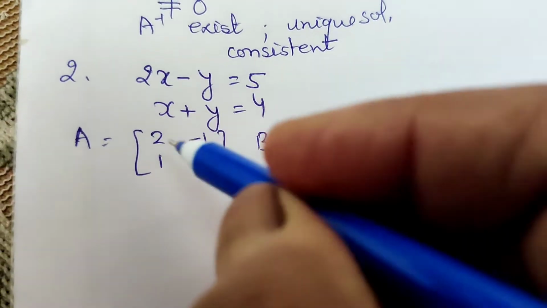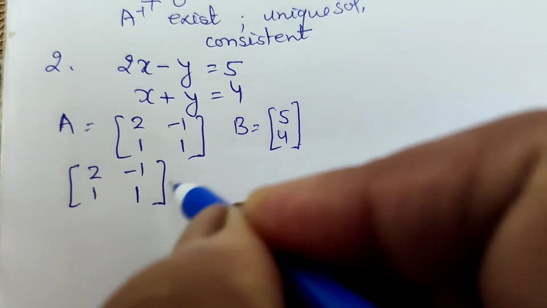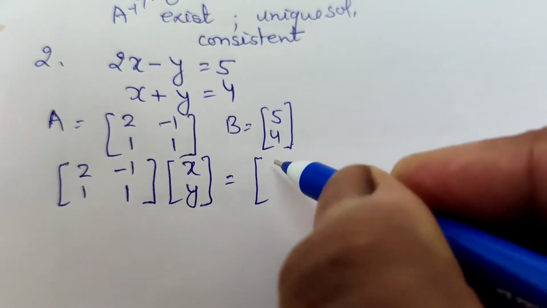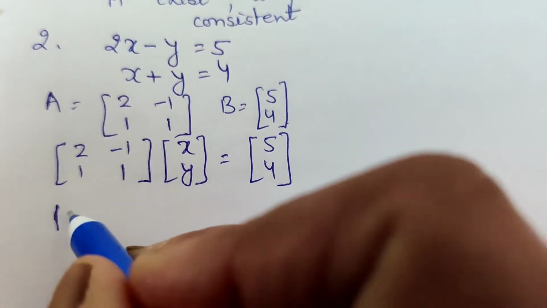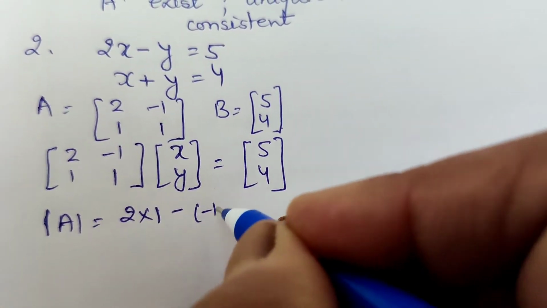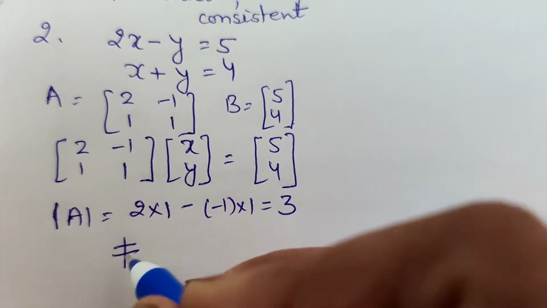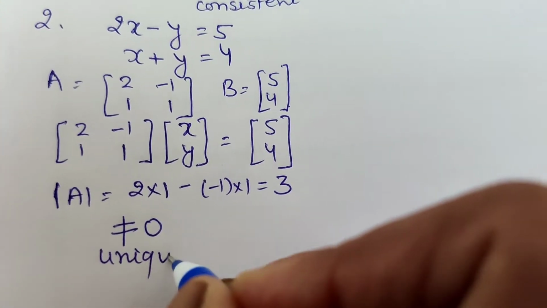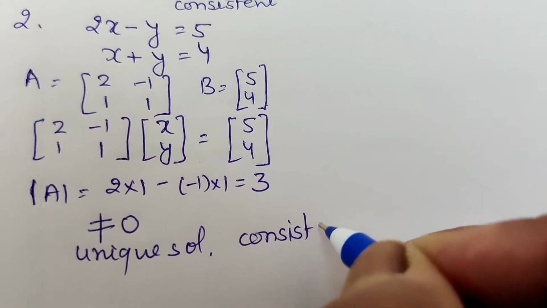The equation can be written in the form AX equal to B. Now find the determinant of A: 2 into 1 minus 1 into 1, it is equal to 3. It means this one also is not equal to 0. The same condition: unique solution and consistent.